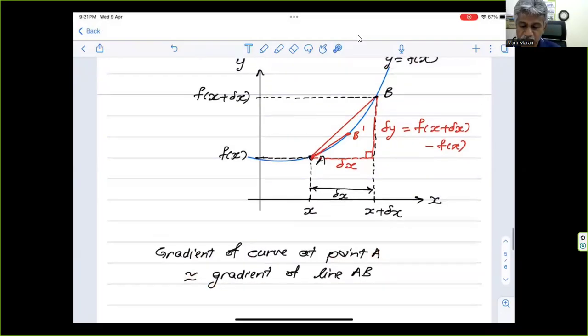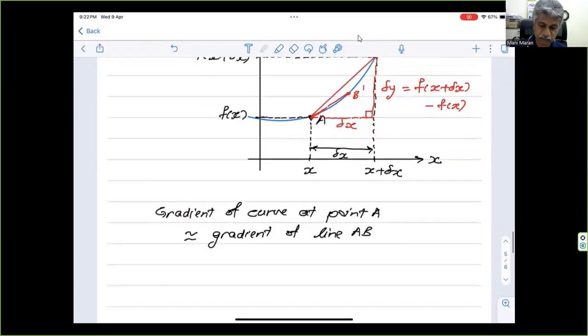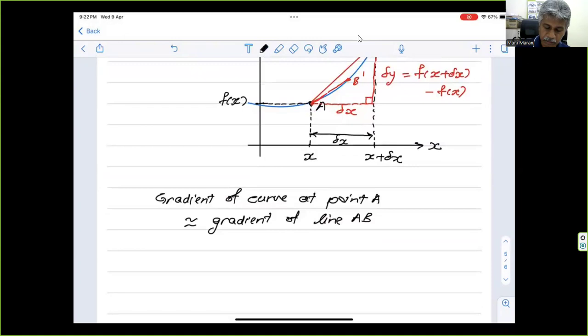In fact, line AB is here, and the gradient of the curve at point A will be the gradient of the tangent, which is here. So this is not exactly the same, so we put the approximate sign there.